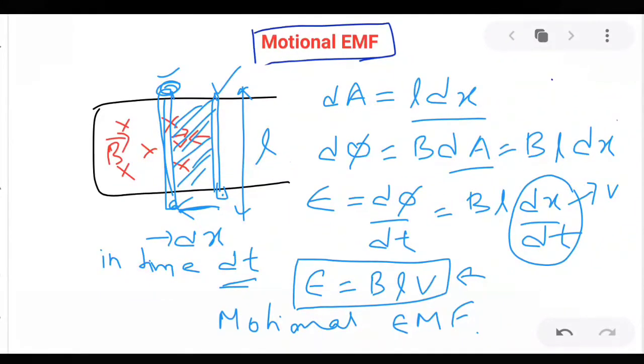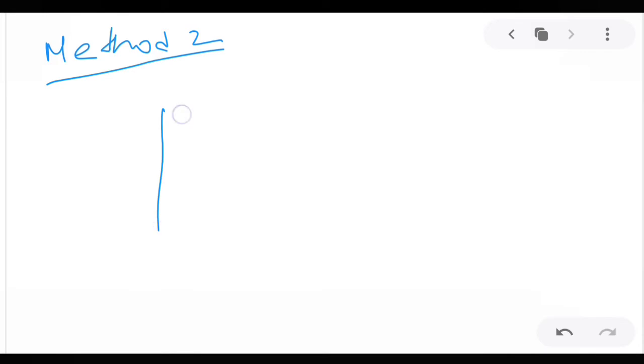Now let us analyze this situation in another way. So this is method 2. We have seen method 1. Now method 2. If you observe the conductor in the previous case, suppose this is the conductor, and it was moving in a transverse magnetic field.